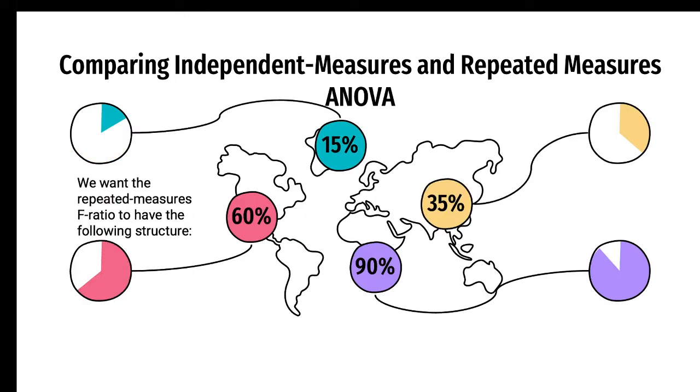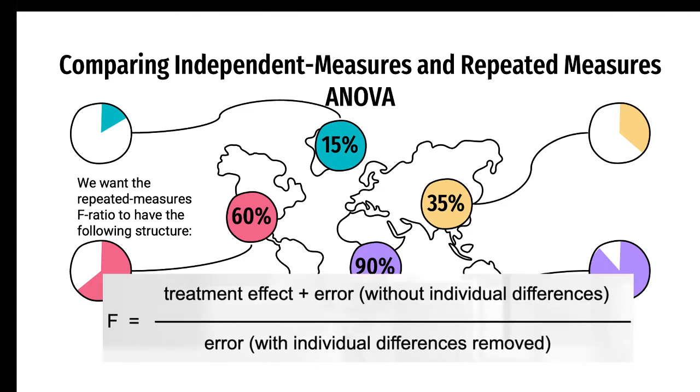We want the repeated measures F ratio to have the following structure. F ratio is equal to the treatment effect plus error without individual differences, divided by error with individual differences removed.